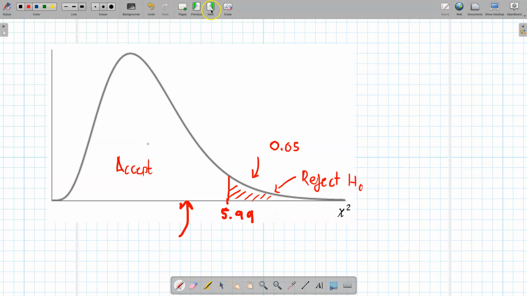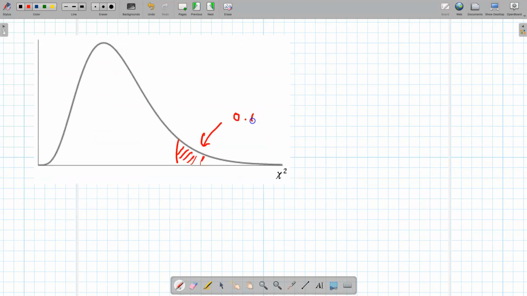I could think of it the other way. The way that IB has moved towards now is using the p-value a bit more. So if I come in here, and the p-value, sorry, that is 0.05, and that's my critical value. And then my p-value is here. It's before I get to the 0.05. This goes down to 0 here.